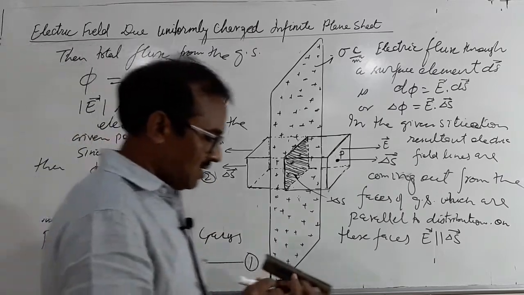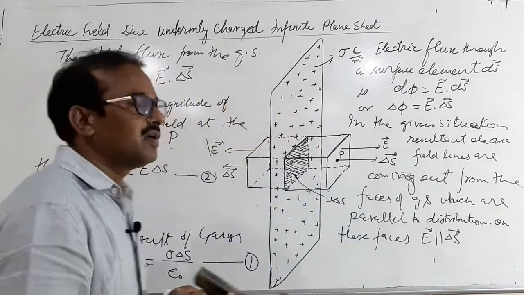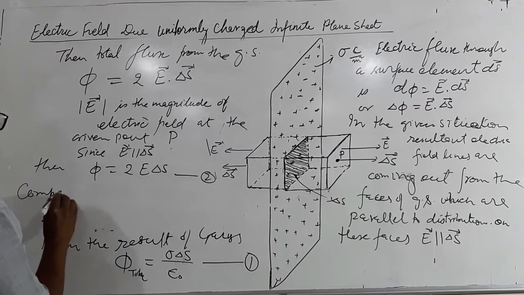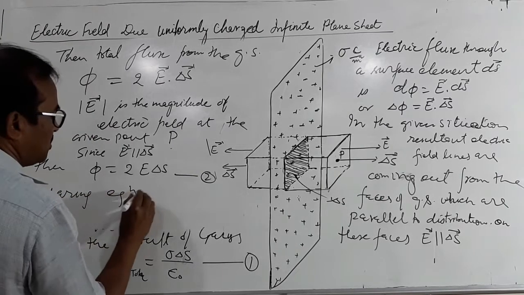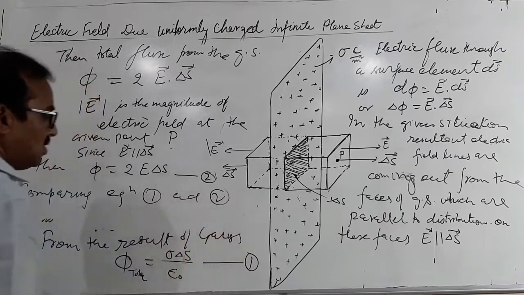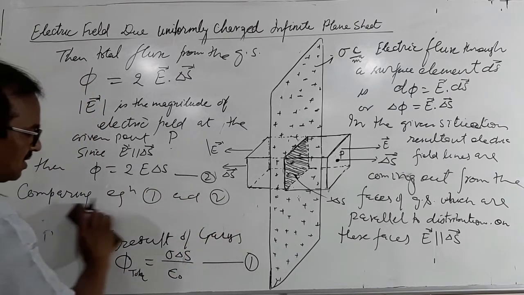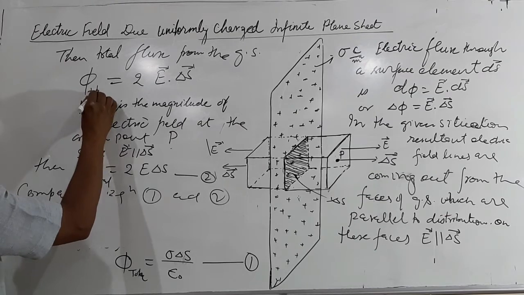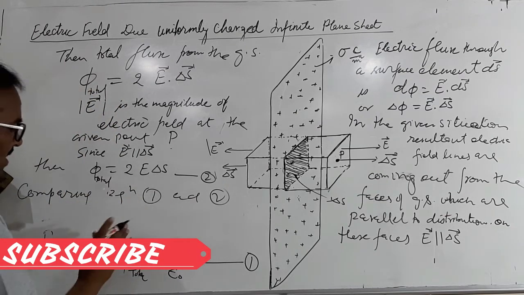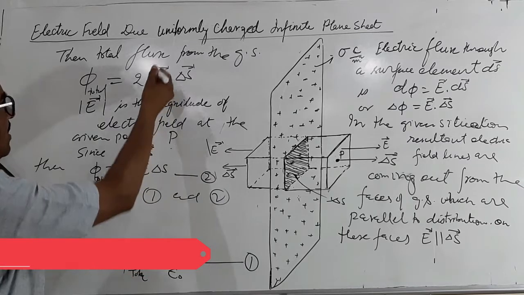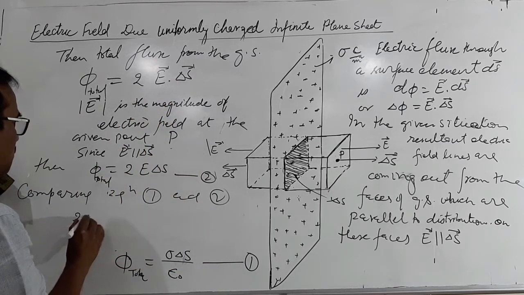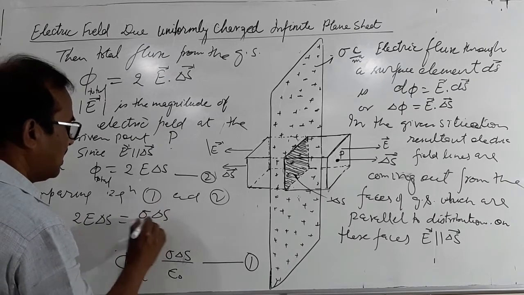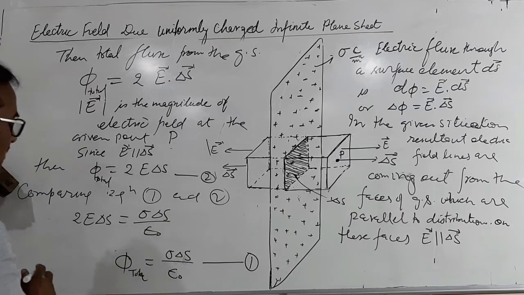Now compare equations 1 and 2. The left hand sides are the same, phi total, so we can compare the right hand sides: 2E delta S equals sigma delta S divided by epsilon naught.